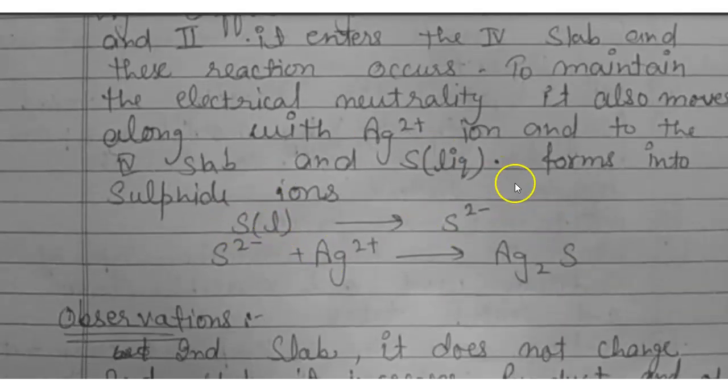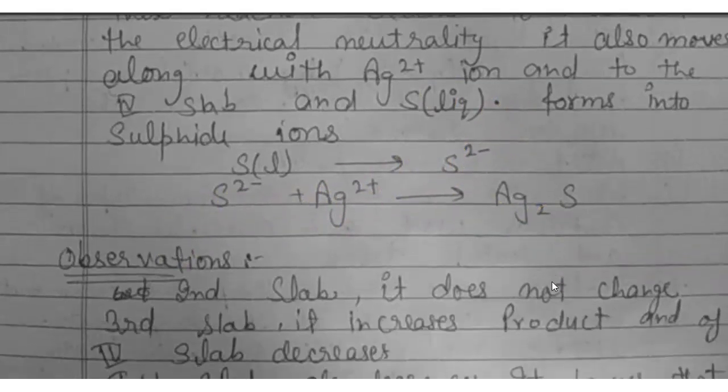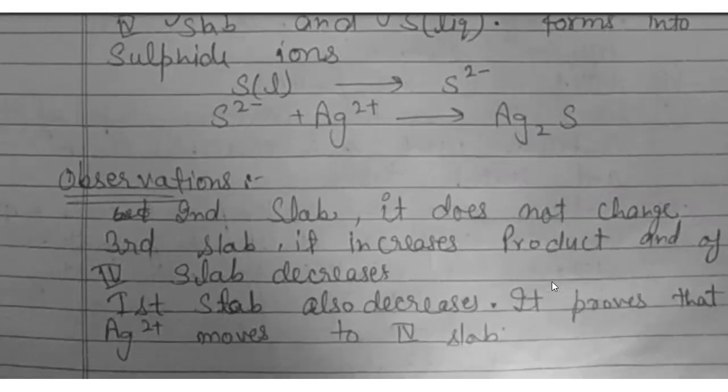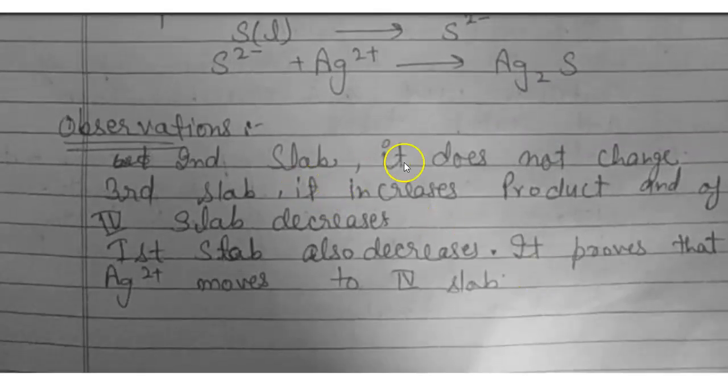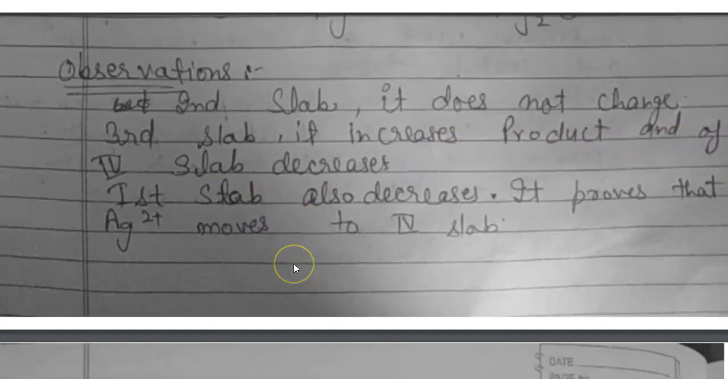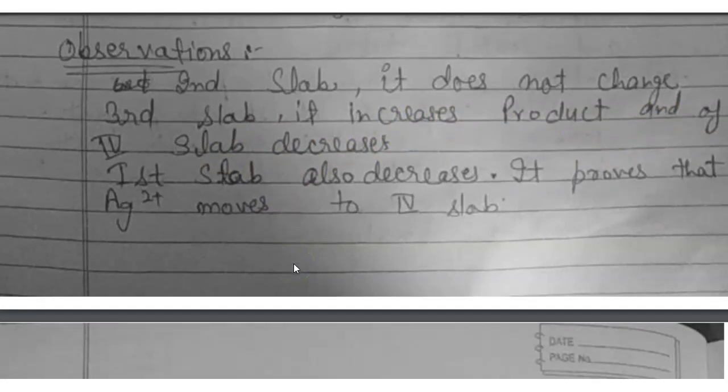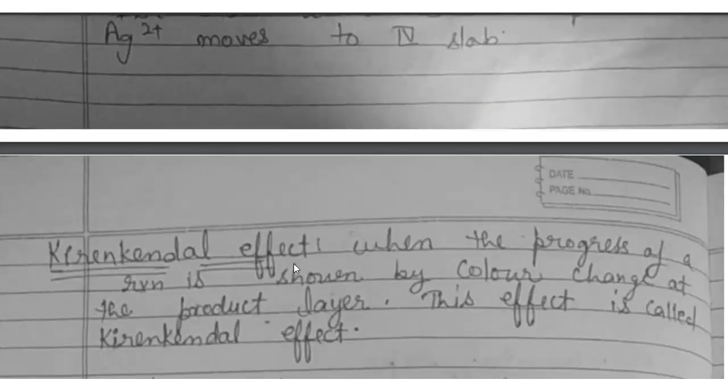So S converts into S2-, and S2- plus Ag+ converts to Ag2S, silver sulfide. Next, observation: the second slab does not change, the third slab increases in product, and the fourth slab decreases. The first slab also decreases. It proves that Ag+ moved to the fourth slab.